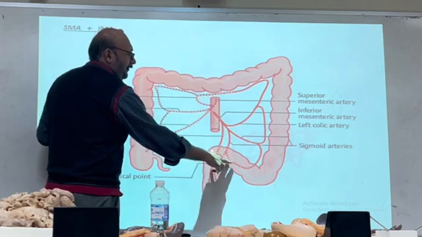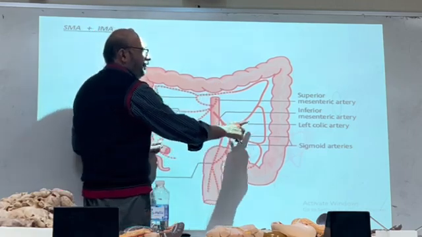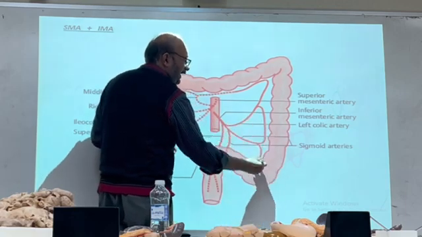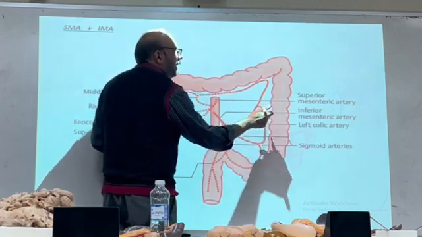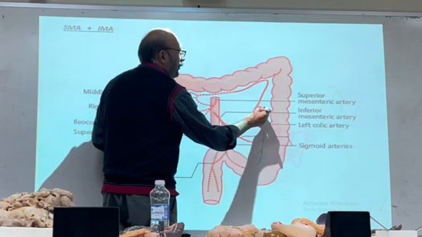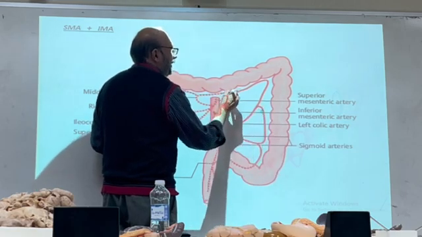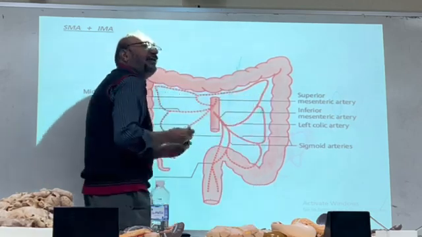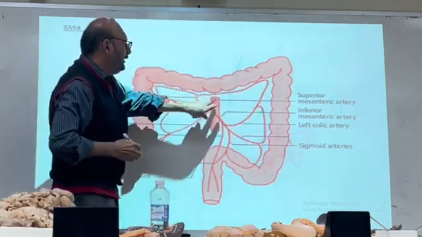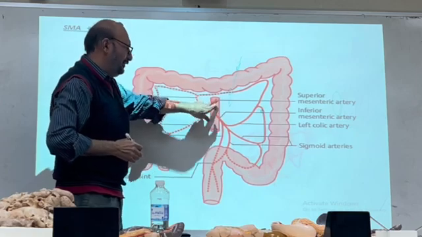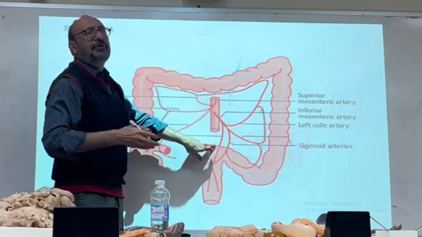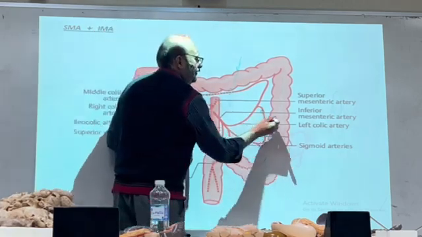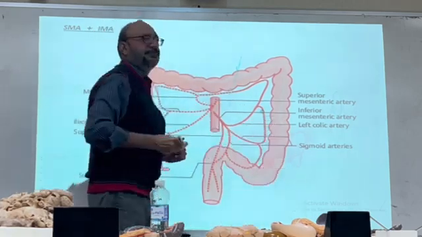Here we have sigmoidal branches, here we have the left colic. They also anastomose and make a marginal artery. Then this point and this point at the middle junction will also anastomose. So there is an anastomosis between superior mesenteric branches and inferior mesenteric branches to complete this marginal artery, which will then supply the GI tract.